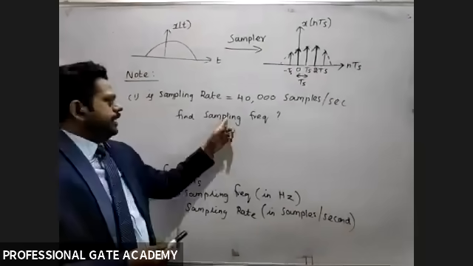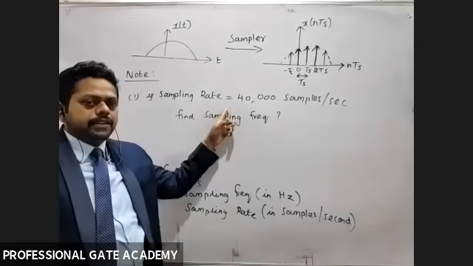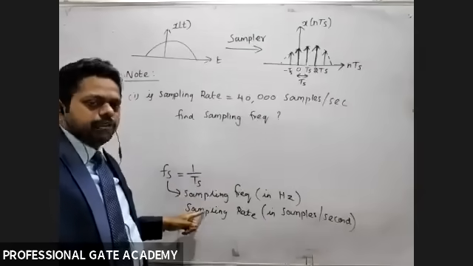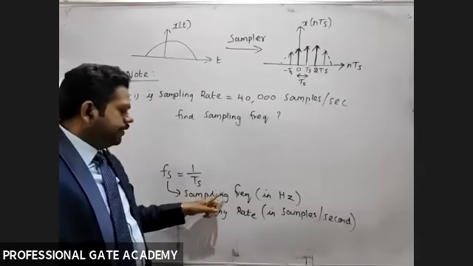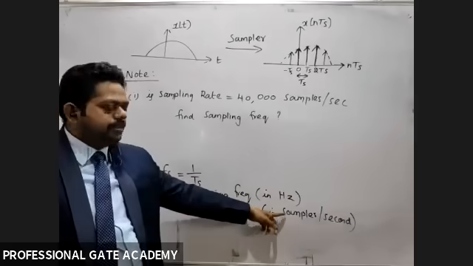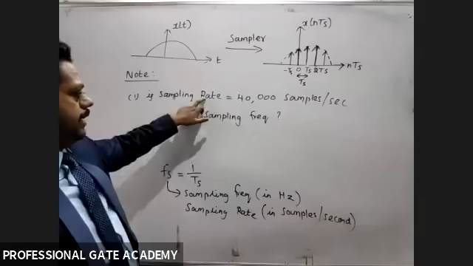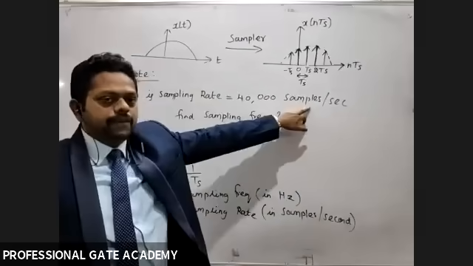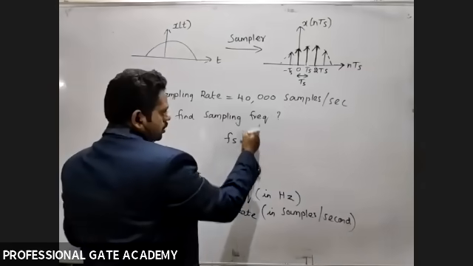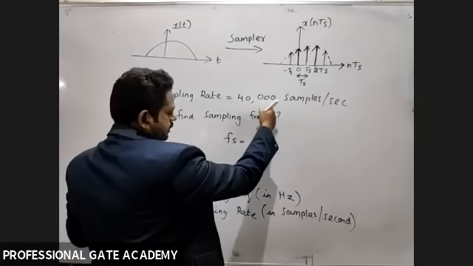Whether sampling rate and sampling frequency are the same or different? I told you, Fs is called the sampling rate as well as the sampling frequency. But for sampling frequency the unit is hertz, and for sampling rate the unit is samples per second. So the given sampling rate is 40,000 samples per second. What is the sampling frequency?